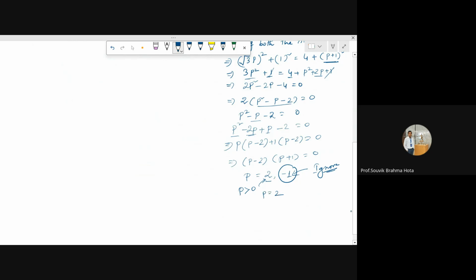So p is equal to 2. Just consider that value. Now what you should do here, any kind of rotation. In the last class I discussed the series of vectors, that if you rotate one vector to make it align with another vector. Suppose this is one vector v1.